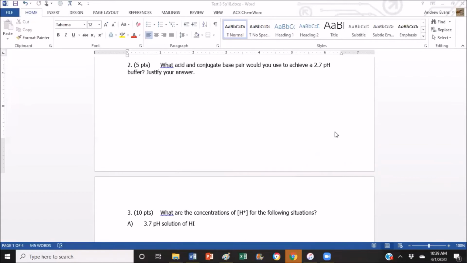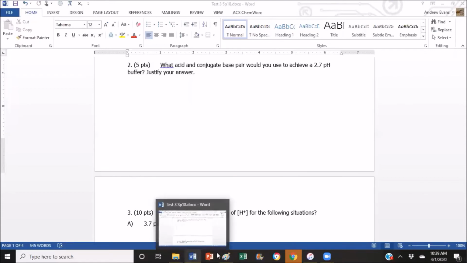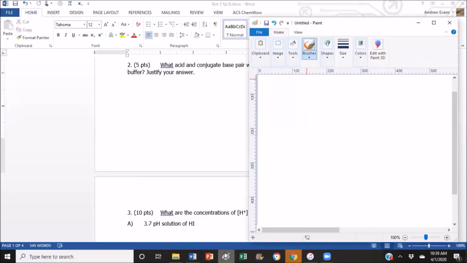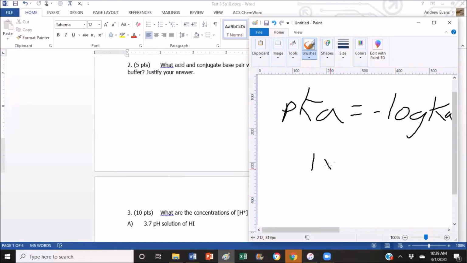So remember, how do you find the pKa? Don't overthink this one; it's the easiest 5 points. The pKa is just the negative log of your Ka. Another hard and fast rule: for example, 1 times 10 to the negative third, the negative log of that gives us 3.